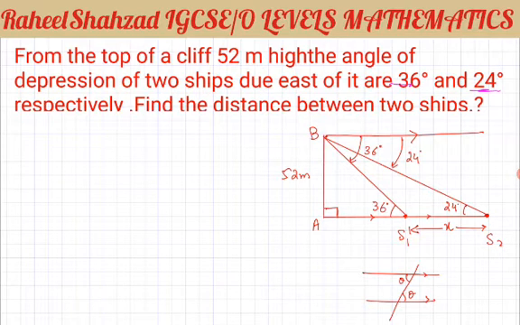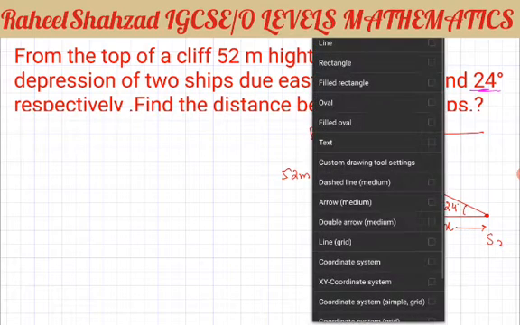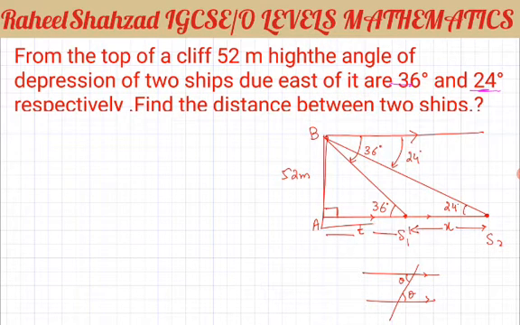Now, in order to find the distance between these two ships, we have to find this length. Let this be T, that is AS1. In this small triangle, we apply right angle triangle concepts, or trigonometric ratios.